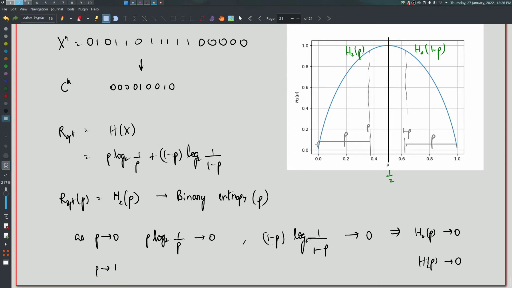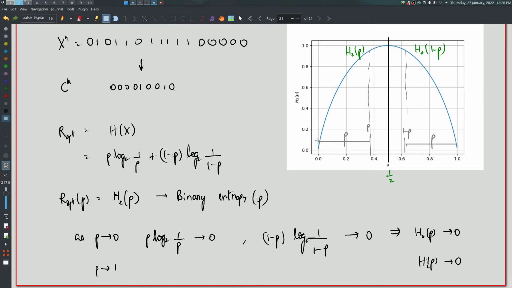If the probability of getting a 1 in that n length sequence is very, very small, close to 0, then that source carries very little information. You know that with overwhelming probability, you'll see a very large number of zeros, and a very small number of ones. So in some sense, it should be possible to compress that n length sequence into a much smaller length compressed sequence.